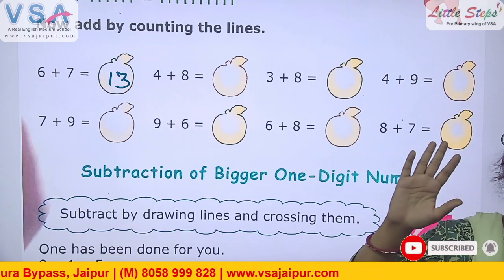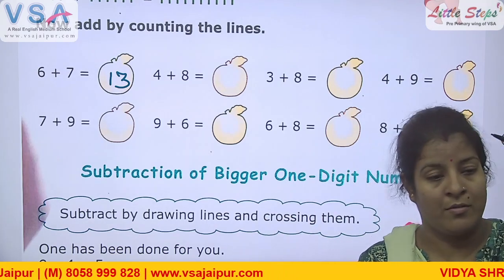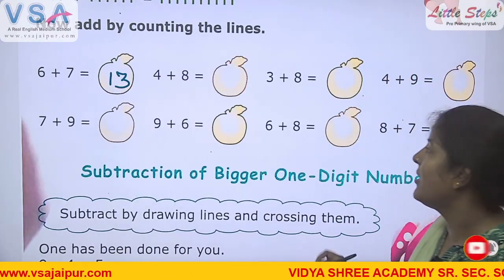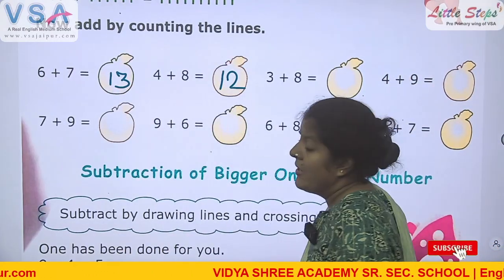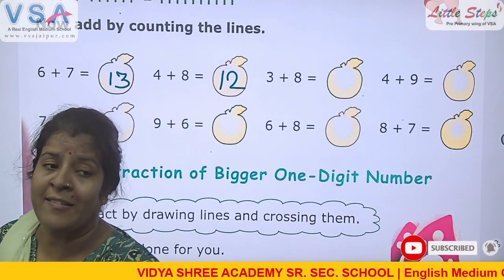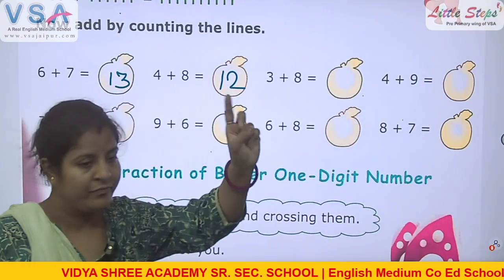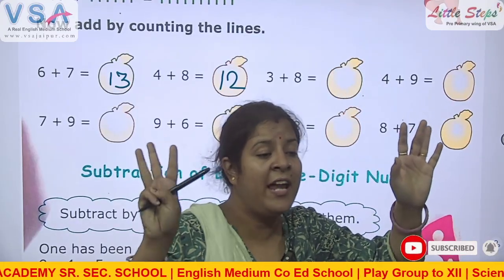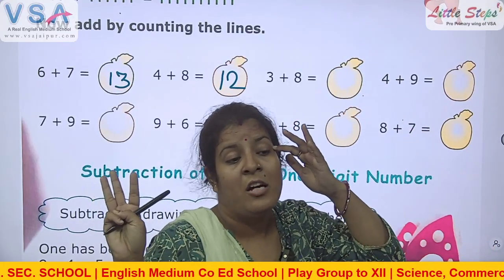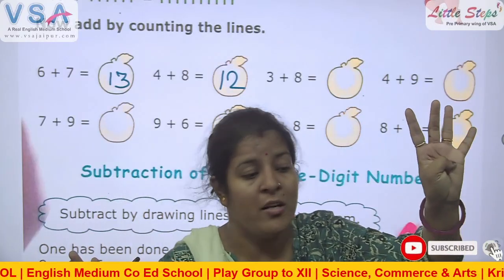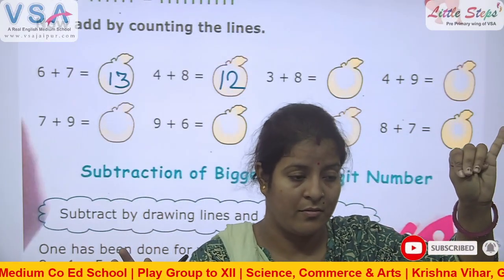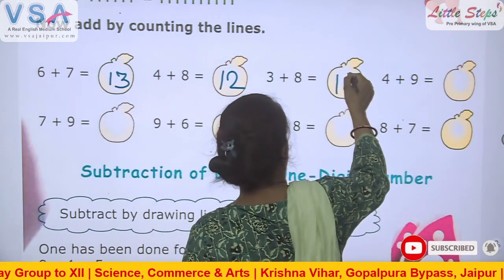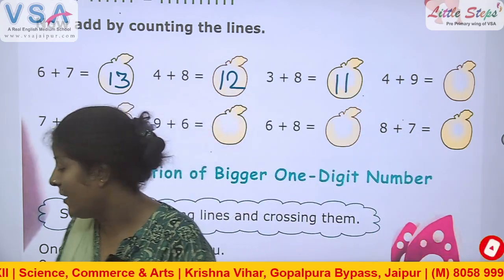Which number in mind? 4. Count after 4: 10, 11, 12. The answer is 12. Next, 3 in mind, next number 8. Count the 8 fingers. Count after 3, 4. The answer is 11. Okay.